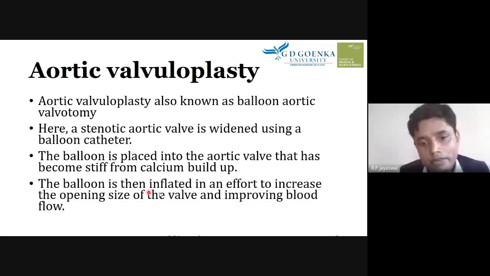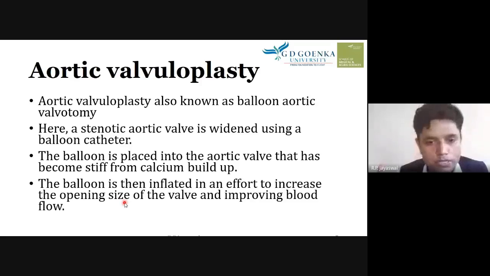The balloon is then inflated in an effort to increase the opening size of the valve and improve blood flow. So here the balloon is inflated. It is opened, which will increase the size of the opening. Usually the valve opening, where the blood flows, becomes narrow.